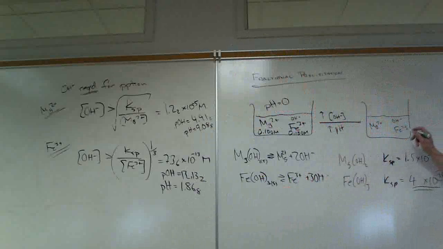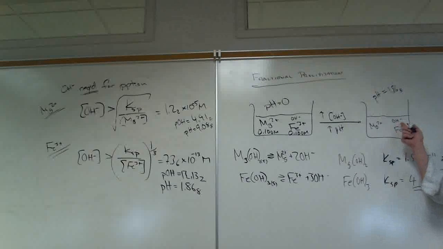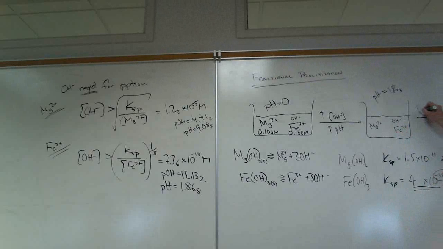When we hit a pH equal to 1.868, what have we done? Now we have enough hydroxide to begin precipitating out the iron. I just need to add a little bit more. If I continue to increase the pH and add a little more hydroxide, the iron 3 hydroxide begins to precipitate.